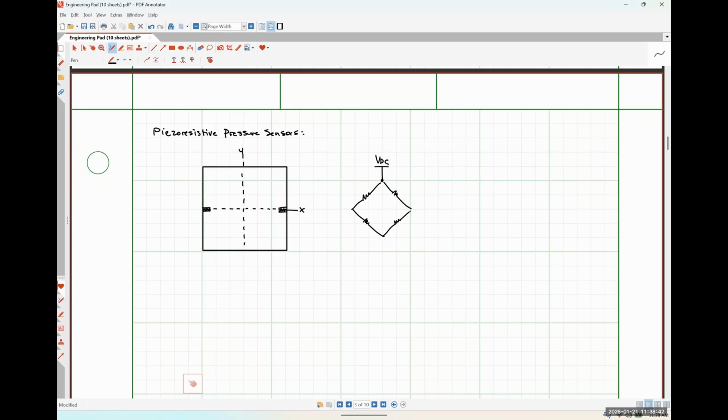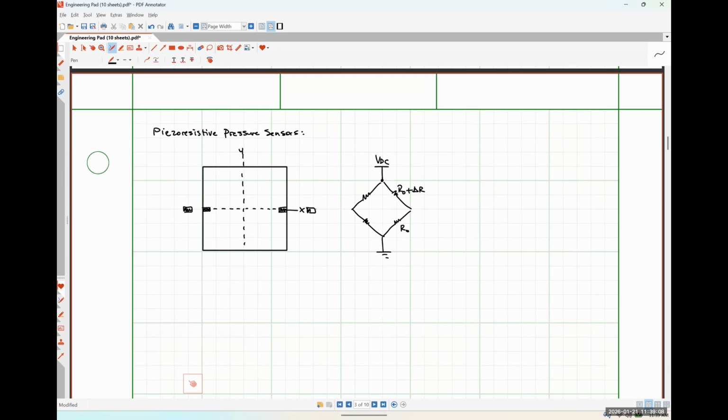So simple Wheatstone bridge configuration, where let's say that this is going to be some R naught plus delta R. This will be a reference resistance R naught, so we might put it over here, away, like onto the bulk, so that it's not going to experience any kind of actual change as the membrane deflects.